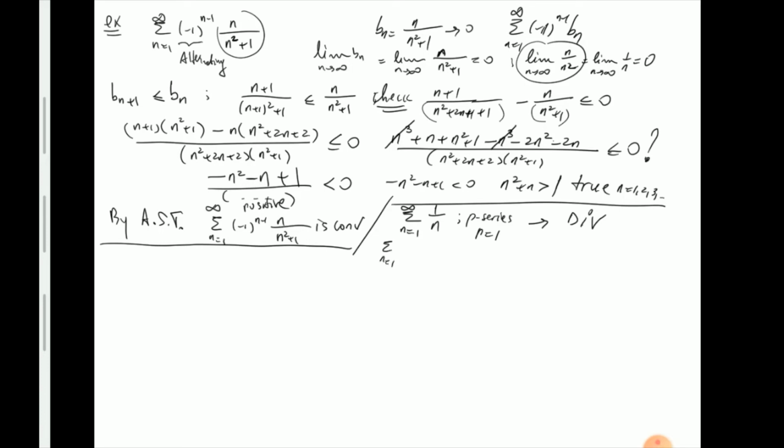Summation from 1 to infinity, minus 1 to the n minus 1, 1 over n. That's a completely different series. This is alternating. So by alternating series test, which we established before, 1 over n goes to 0, 1 over n is decreasing, therefore the series is convergent. Always make sure whether the test is applicable before you jump and draw any conclusions.